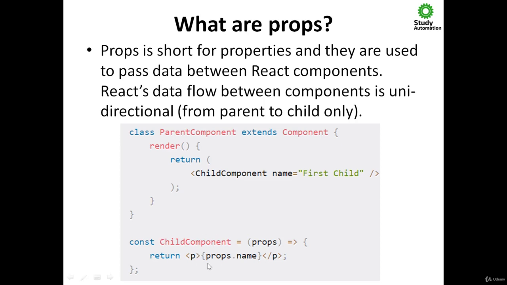Also, we can create any program in two ways. One is using a class, another one is using a function. Here we can see this parent is written using a class and the child component is written using a function.